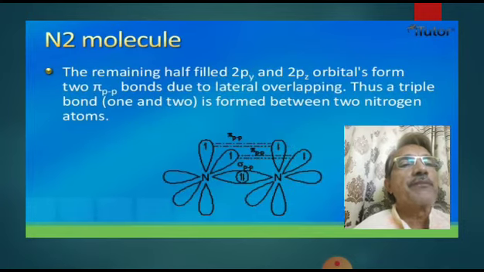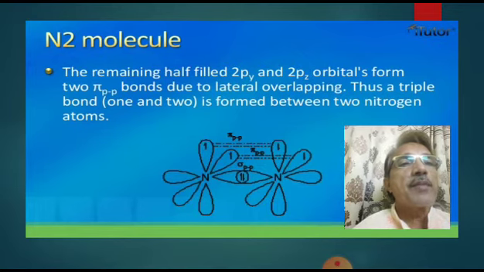The remaining half-filled 2py and 2pz orbitals form 2 pi pp bonds due to lateral overlapping. Thus, a triple bond, 1 sigma and 2 pi, is formed.